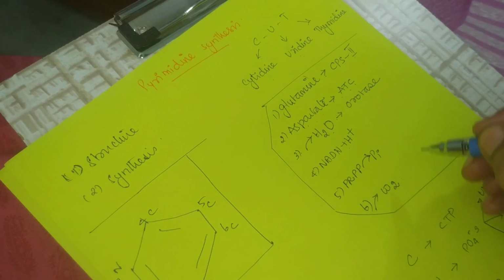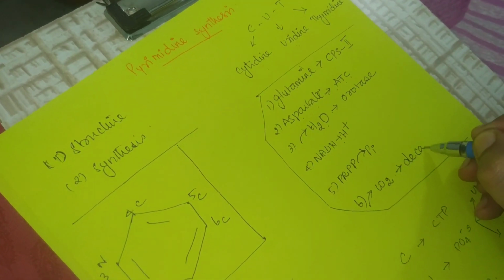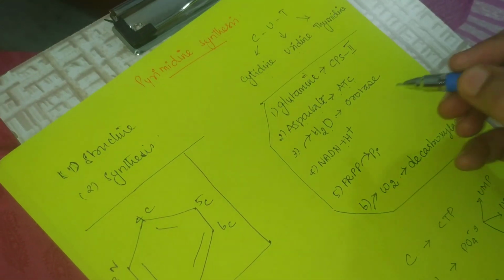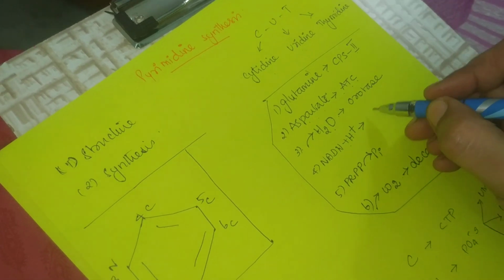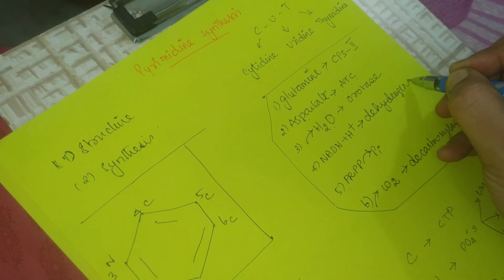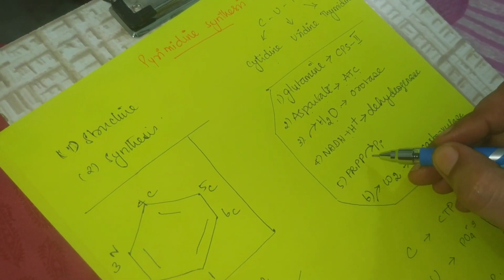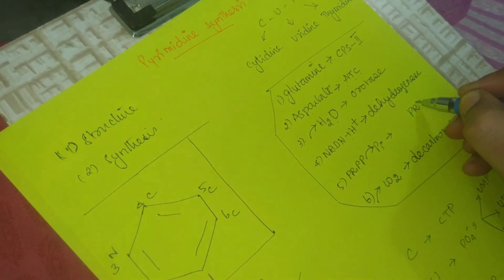When carbon dioxide comes out, the enzyme is decarboxylase. When NADH plus H plus is generated, the enzyme is dehydrogenase. When there is a phosphoryl transfer from PRPP, we know it is phosphoribosyl transferase.